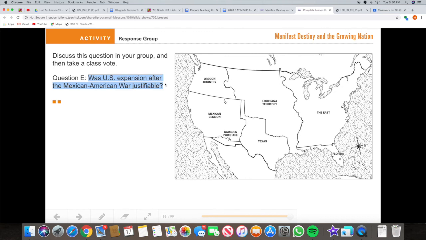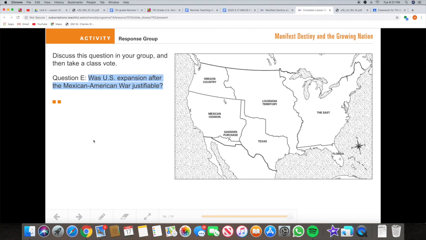Again, we're writing 5 sentences. Give me reasoning that's backed up with evidence from the textbook. So in your notebook, copy the question: was U.S. expansion after the Mexican-American War justifiable? And answer the question in 5 sentences. Support your answer with evidence from the textbook.